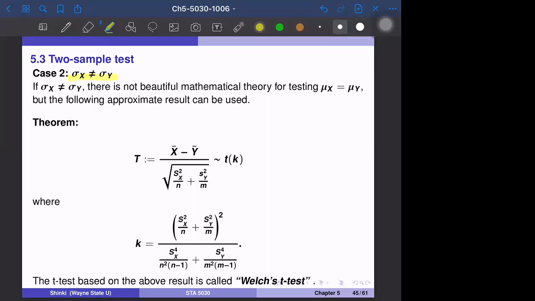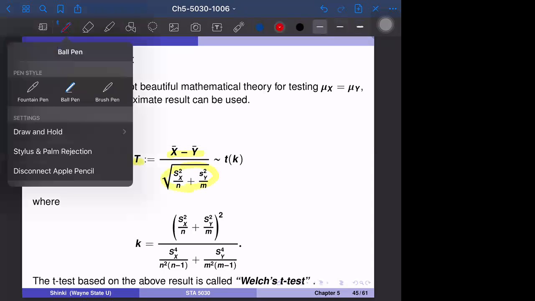If sigma x is not equal to sigma y, we define the t statistic as x bar minus y bar, the primary quantity, divided by the square root of s sub x squared over n plus s sub y squared over m.